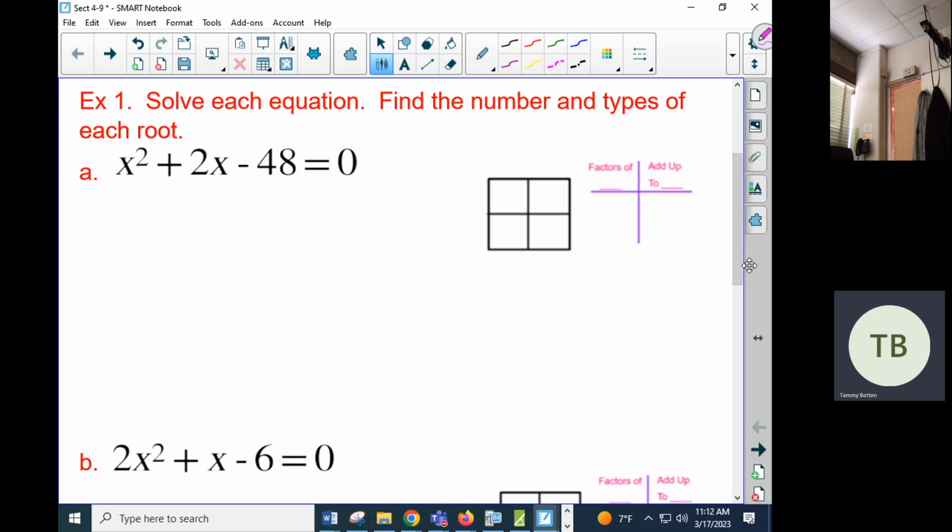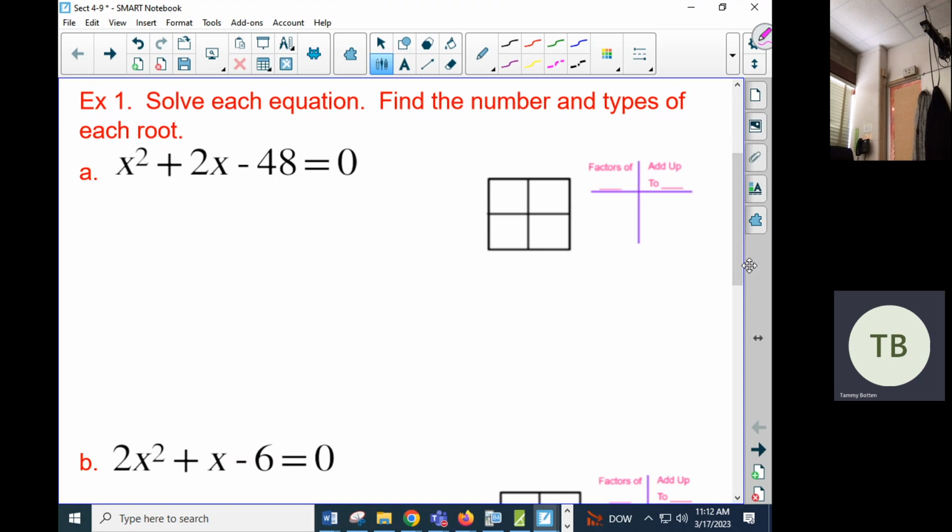One other thing they're going to ask you today is how many roots you have. Roots is like your answer. It would be the same thing if they said solve for X or find the X-intercept. Those are all roots, zeros, X-intercept, they mean the same thing. So they want us to find out how many, and how many of each type.